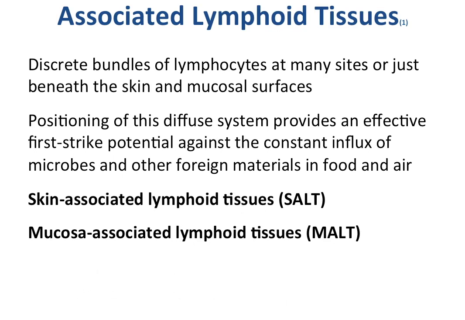For example, in the GI tract, they can detect pathogens in the food, and in the respiratory tract, they can detect pathogens from air. If they attach to skin, that's the skin-associated lymphoid tissue. If they attach to mucosa, that's the mucosa-associated lymphoid tissue.